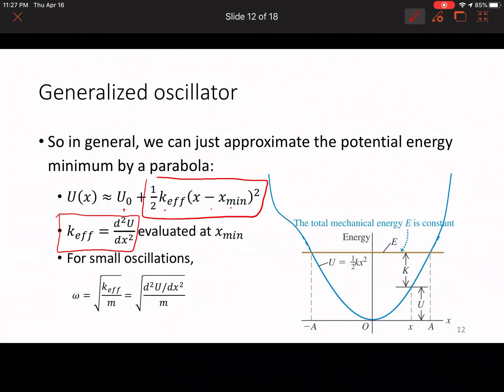So that's the key to general small oscillations. Omega is the square root of this effective spring constant divided by m, which is simply the second derivative of u with respect to x squared.